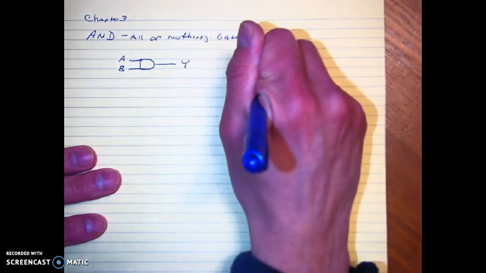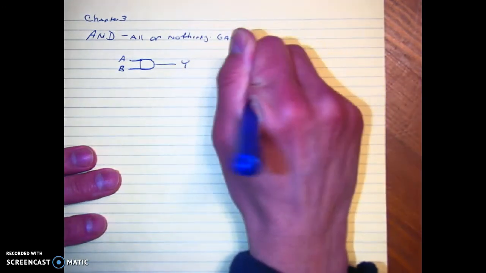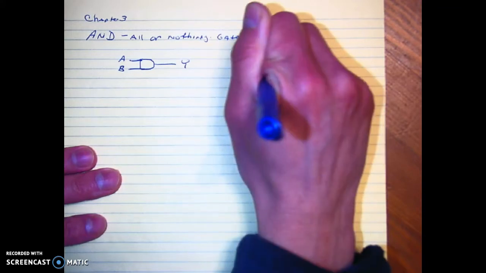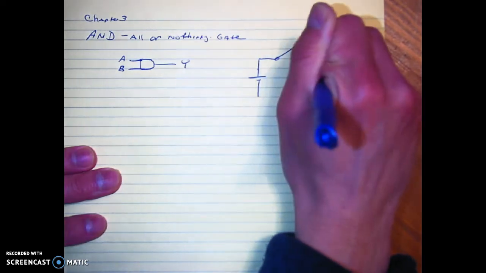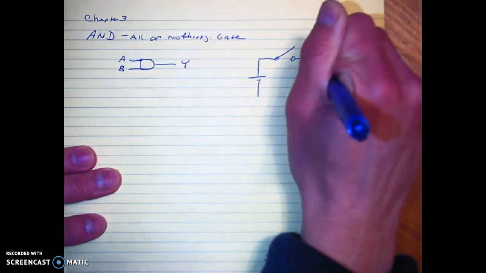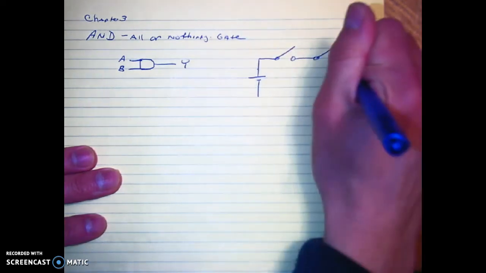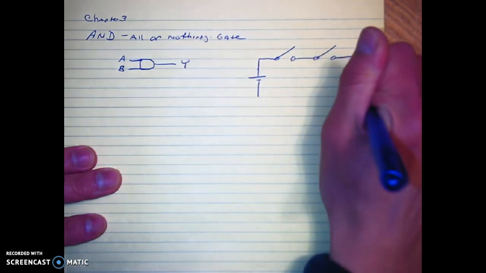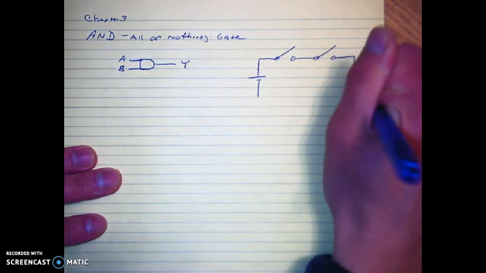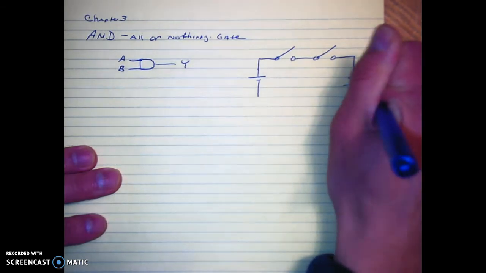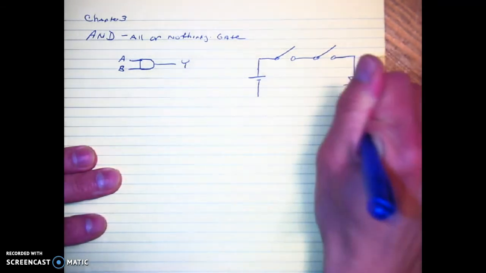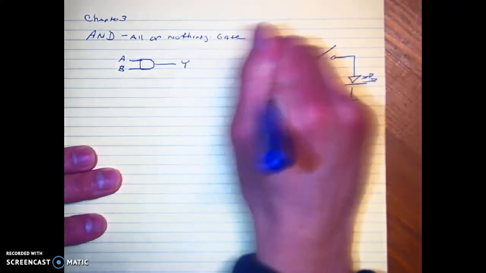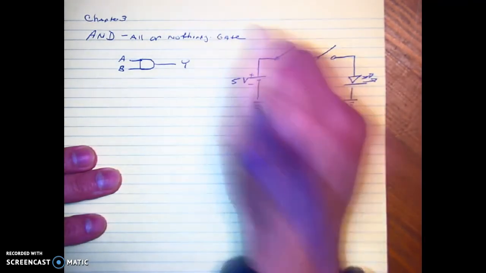So if I have a battery here, and then I have two switches, switch 1 and switch 2. There's the word AND. Then we have, let's say, an LED, and we're going to tie that to ground. This is going to be 5 volts, plus and minus.